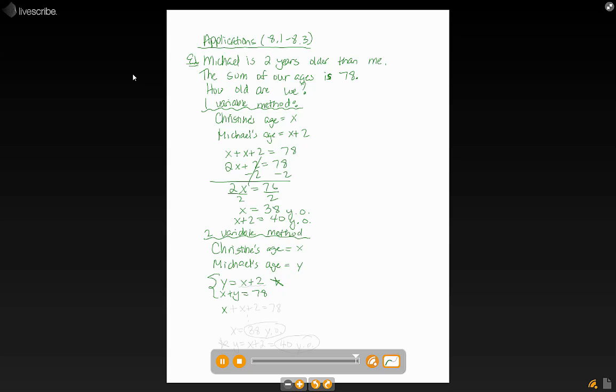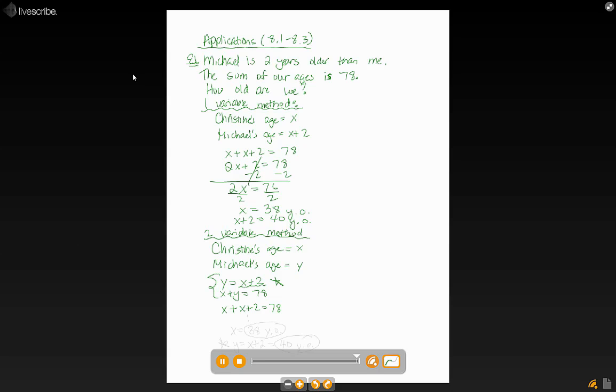X plus Y. Instead of Y, what do I write? X plus 2. Right. X plus 2 equals 78. And what I want you to notice is, that's the same equation I got up here with the one variable method. Same equation, so the same set of steps.